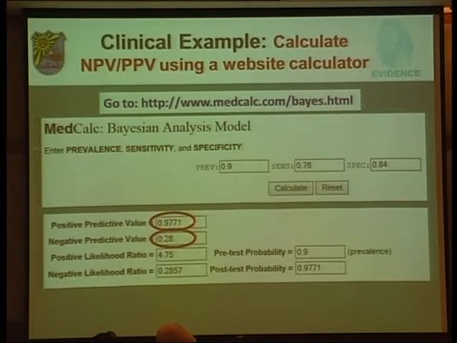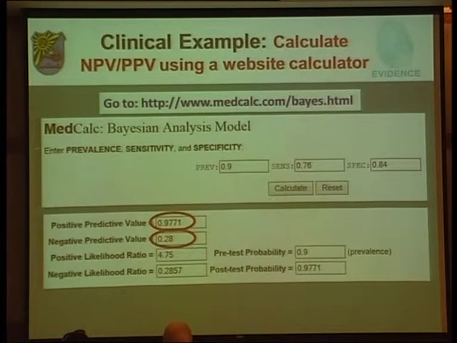What are you going to do if it's positive? You're still going to send him to do the cardiac cath. What if it's negative? What are you going to do? Still going to send him. So in this particular patient, because the stress test has no ability to rule out, its sensitivity is so low, there's no point really in doing that.